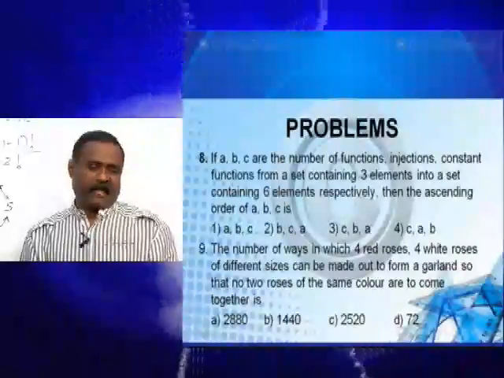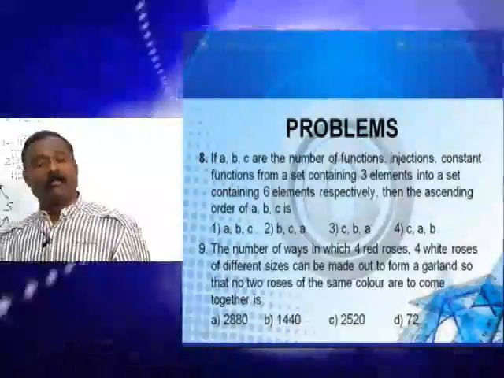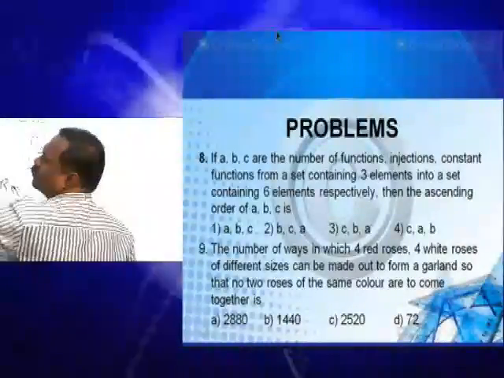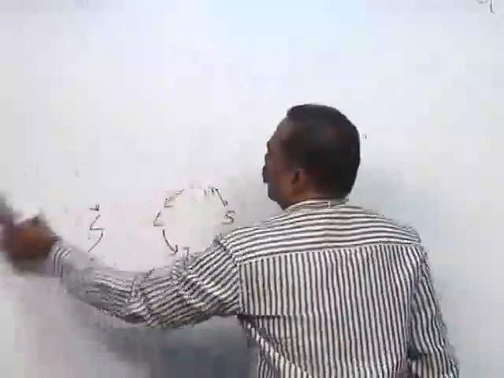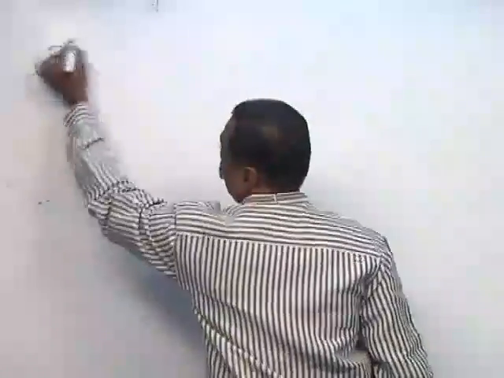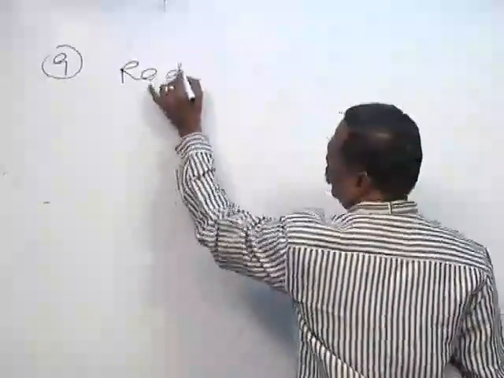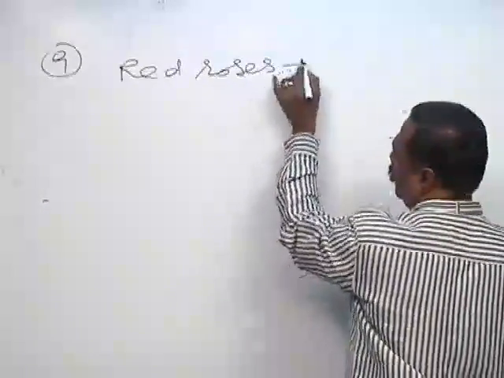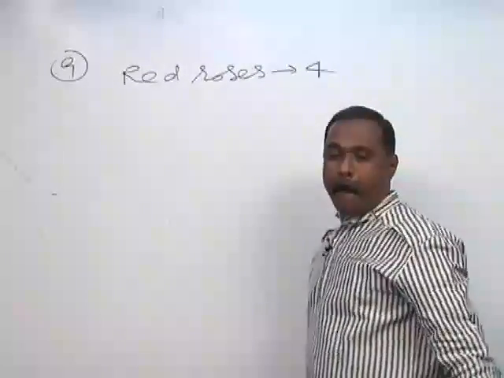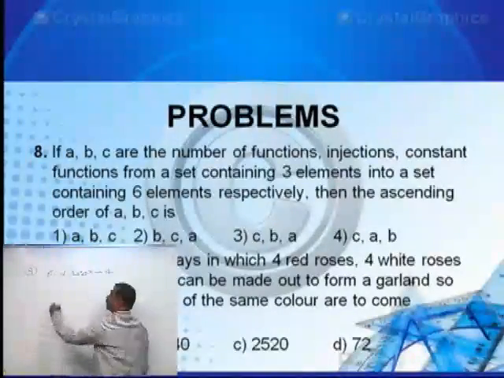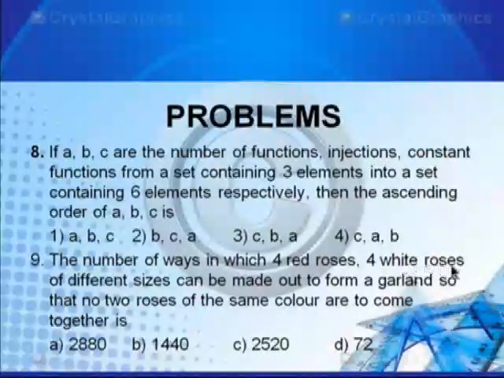Now in this case, how many red roses are there in the ninth question? Red roses are 4. And white roses are also 4.